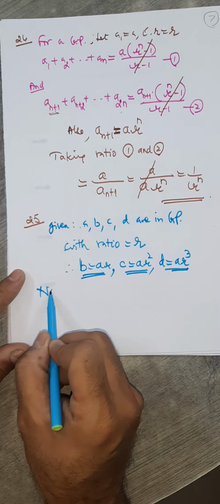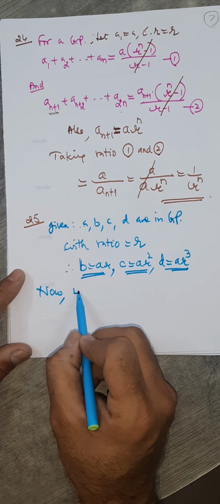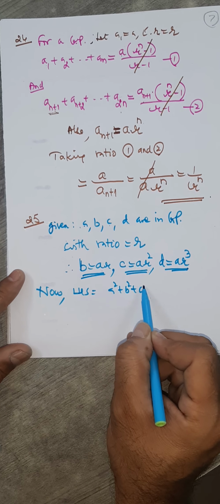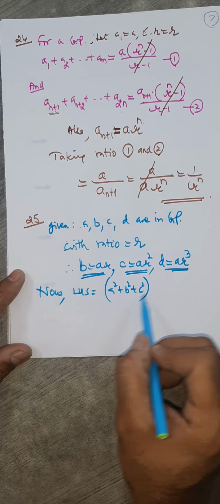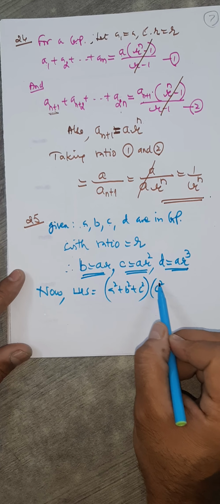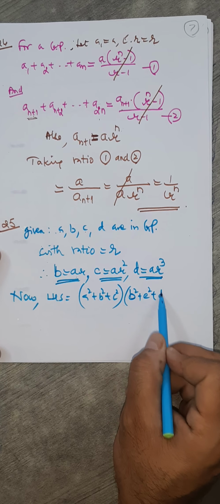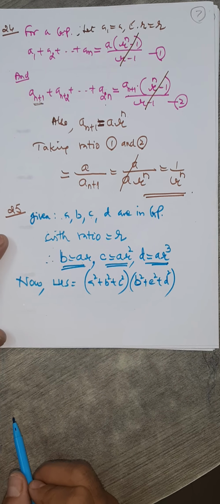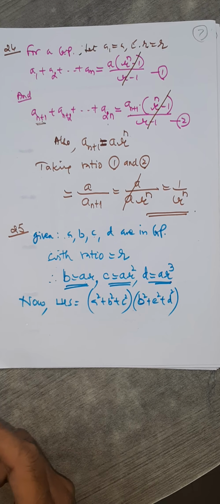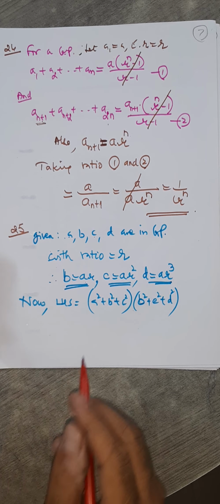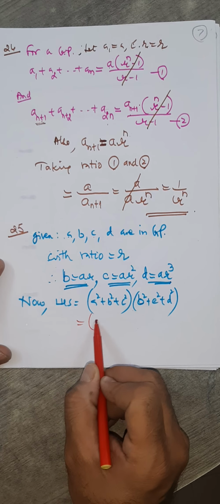Now I'll just tell you what you need to do. Start with LHS: (a square plus b square plus c square) into (b square plus c square plus d square). Now you just put the values. A you are going to keep as it is, a square.